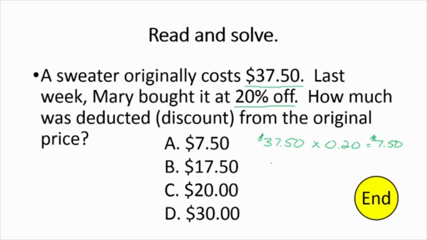You could possibly say, well, 37.50 times the fraction 20 over 100, which is basically saying the same thing, and you'll find that either way I'm taking about $7.50 off the price of that sweater. Check your answer. Here it is, letter A, $7.50, and there you go.